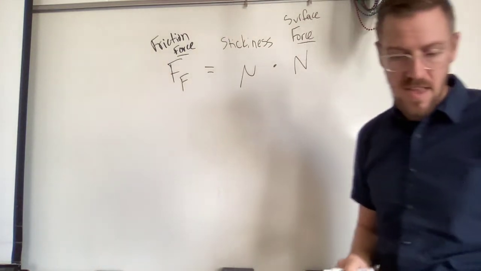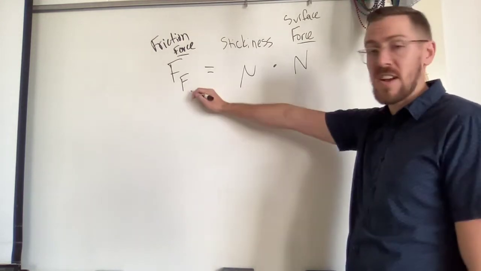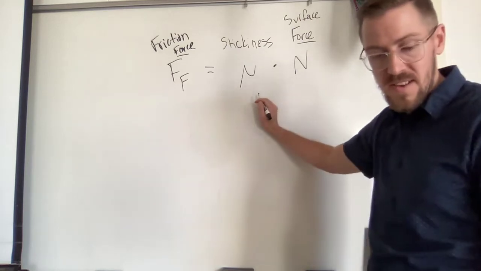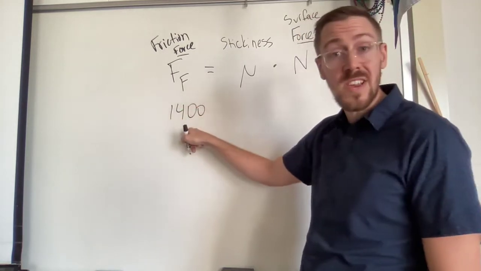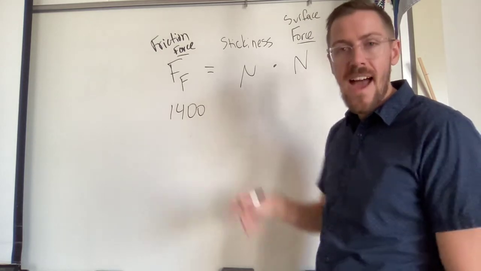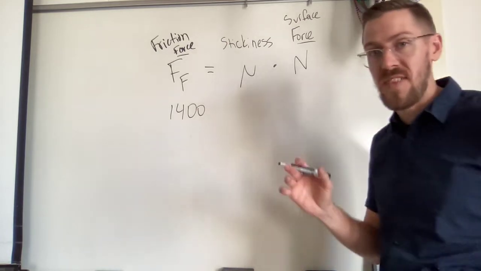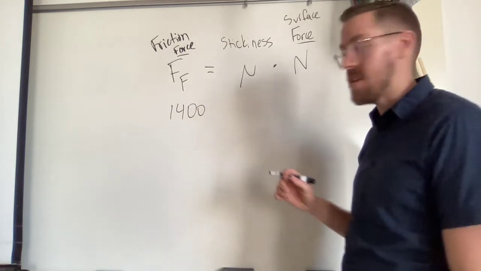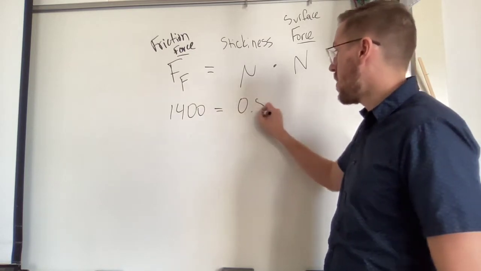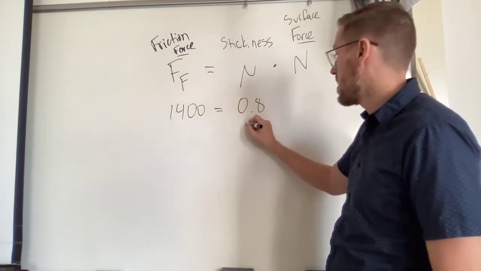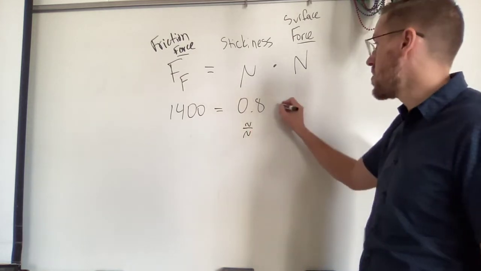Okay, last question. If I'm asking you to find the normal force, I'll give you the friction and the coefficient. So the force of friction in this case is 1,400 newtons. And let's say I have a really sticky surface, like sandpaper or rubber, things that just grab on to what they are touching. That coefficient of friction is 0.8 newtons per newton. And I ask you, what's the normal force?